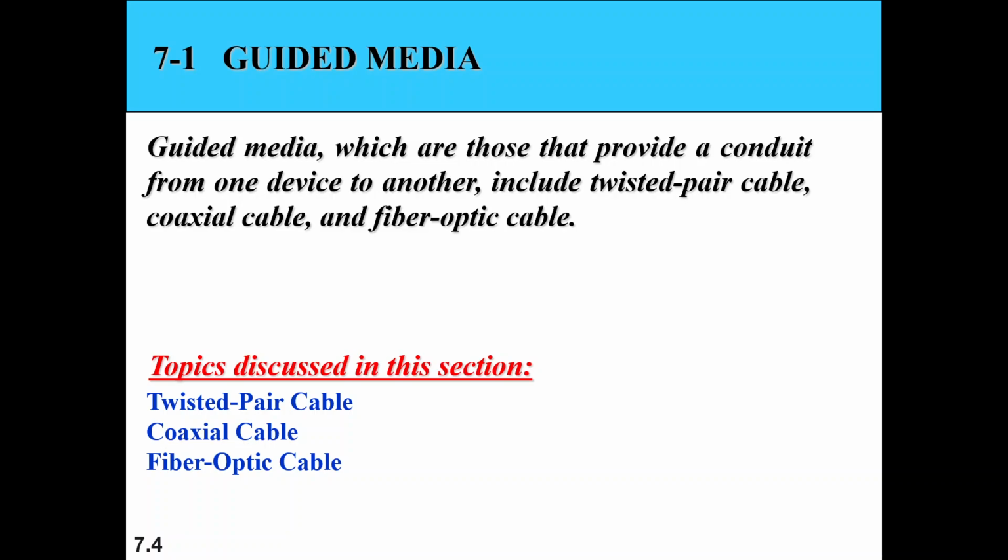Guided media, which are those that provide a conduit from one device to another, include twisted pair cable, coaxial cable, and fiber optic cable. A signal traveling along any of these media is directed and contained by the physical limits of the medium. Twisted pair and coaxial cable use metallic copper conductors that accept and transport signals in the form of electric current. Optical fiber is a cable that accepts and transports signals in the form of light.